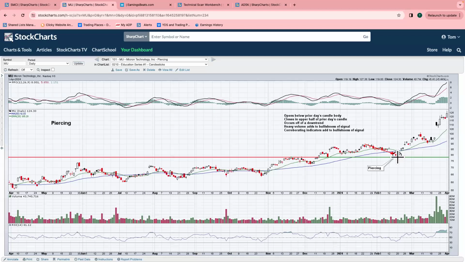And if you were right and you're still holding, well, from 90 to 125, you're up close to 40%. But from 80 to 125, you're up more than 50%. So your reward to risk is much, much better set up when you buy closer to support.